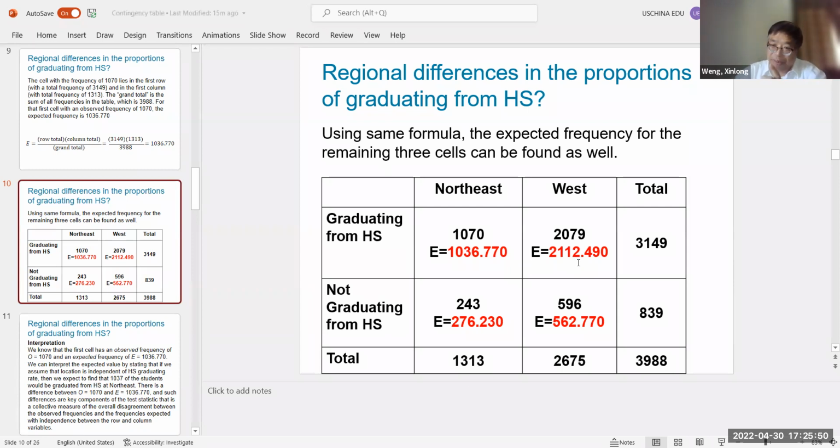Well, tricky. You see, what we expected is not the same as what we really observed. There's a difference. There's some relatively small difference, but in this case, it's quite a difference.